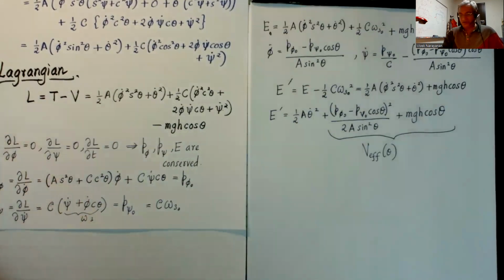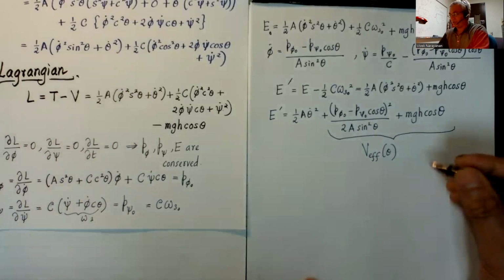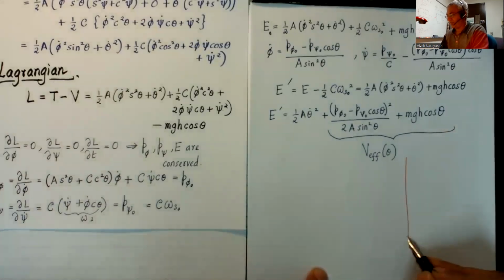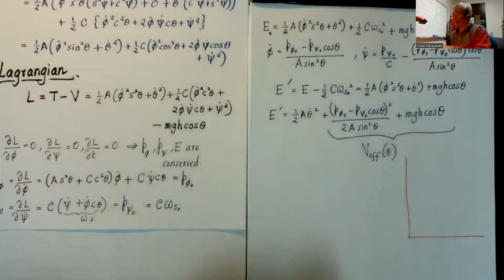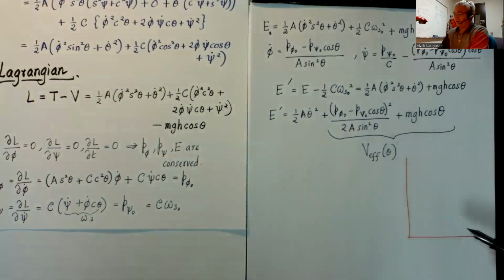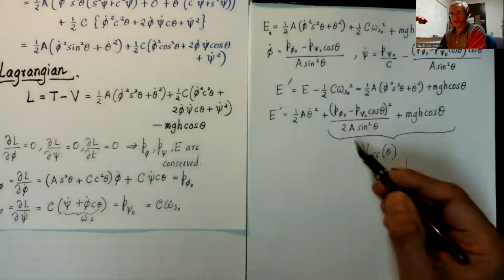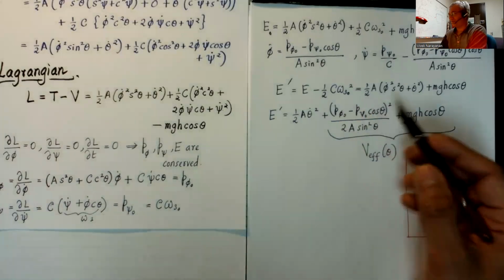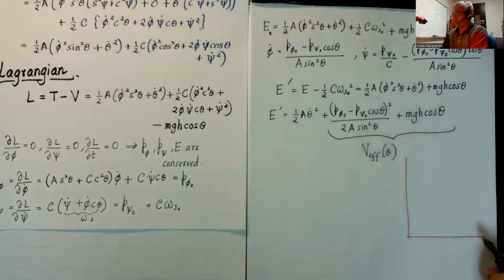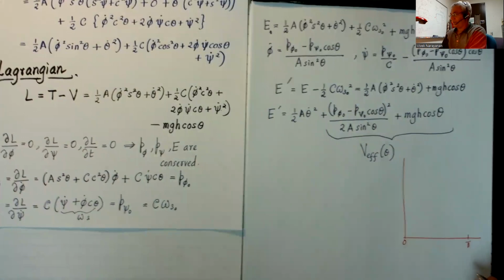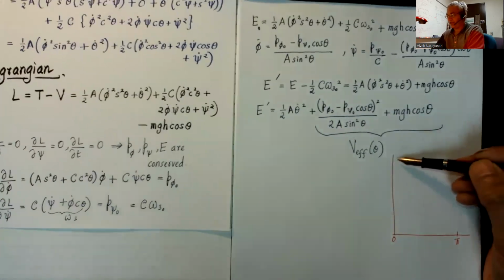All right, so now let's plot this effective potential. If you actually take the trouble of plotting this, and I encourage you to do that, putting some constant values like 3 and 5 for this, and put some other constant value there, and just vary theta between 0 and pi, you will find that the effective potential vanishes at theta and pi.